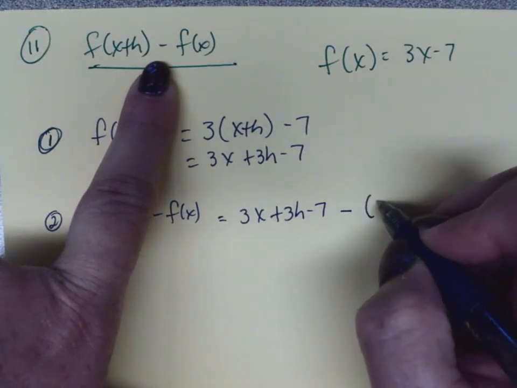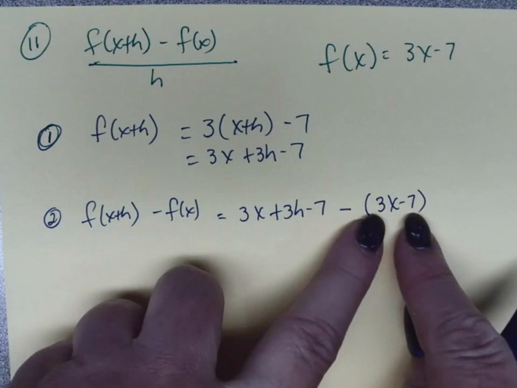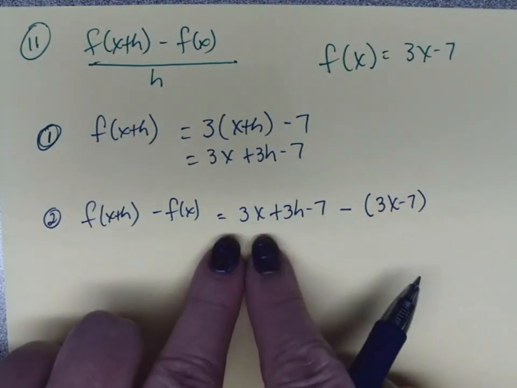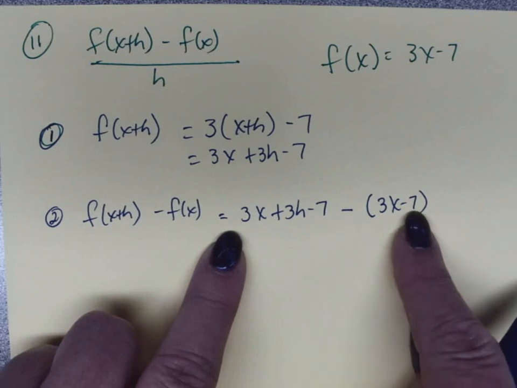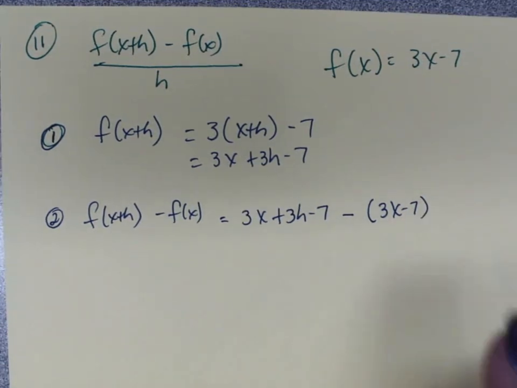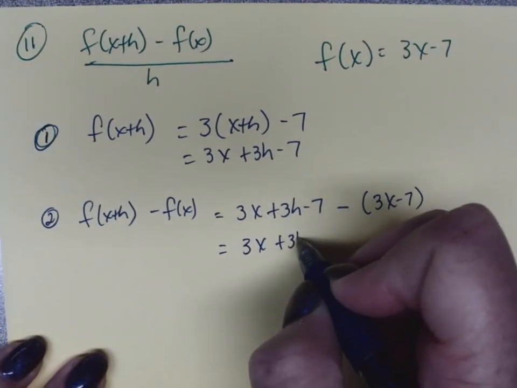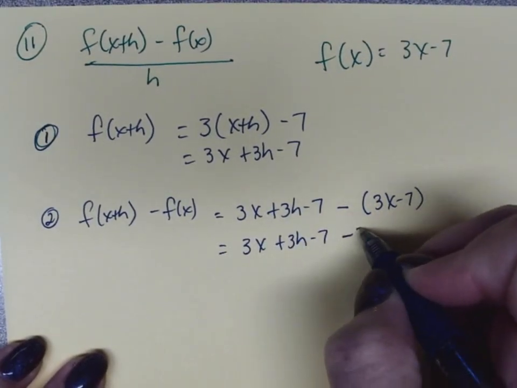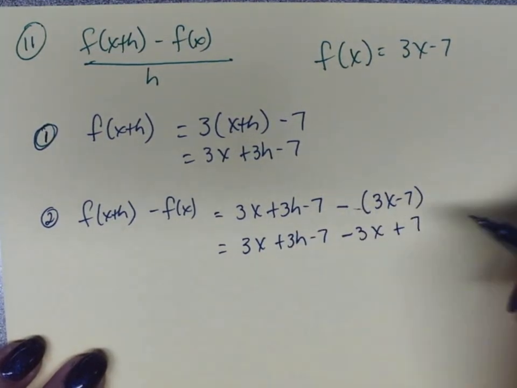So we're going to subtract our 3x minus 7, which is our f of x. Now, if you noticed, I put that in parentheses because I have to subtract the whole thing. You don't want to just put minus 3x minus 7, because you have to subtract both parts. So this will get us 3x plus 3h minus 7 minus 3x. Negative times a negative will get us positive 7.